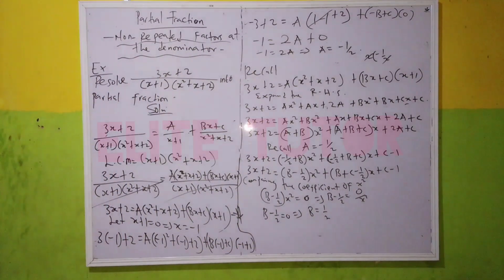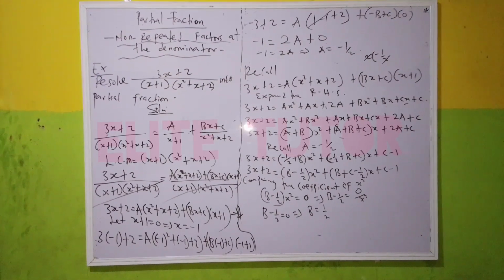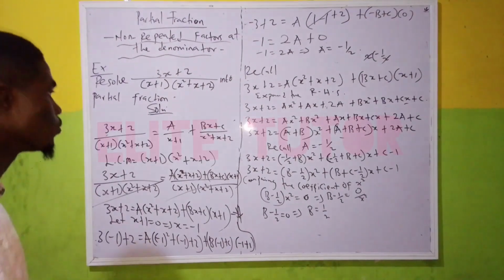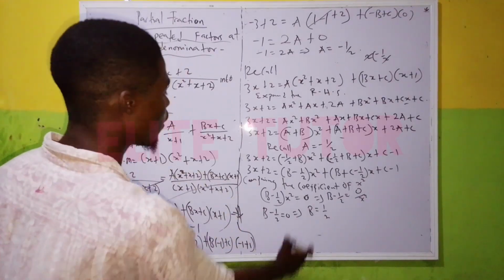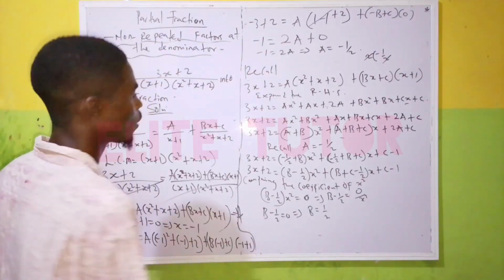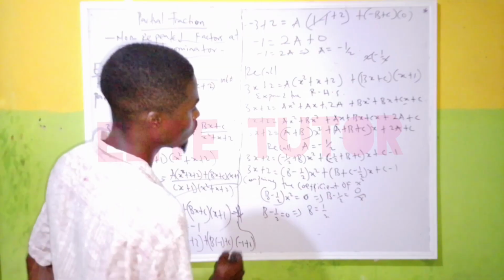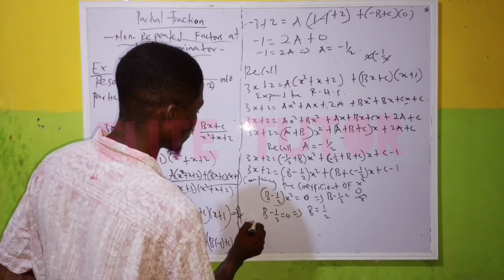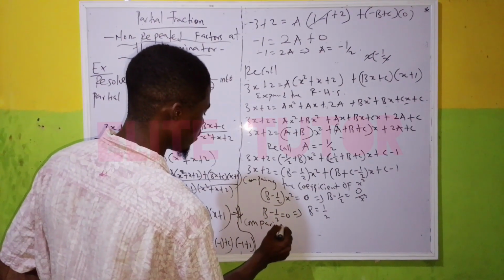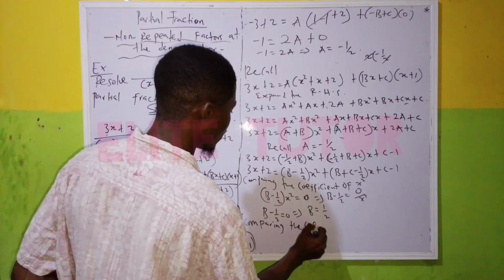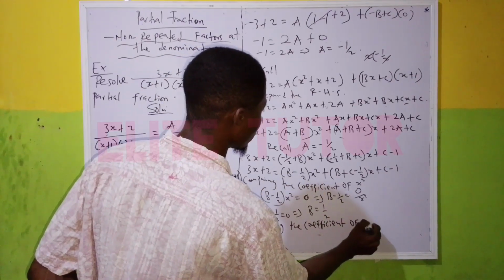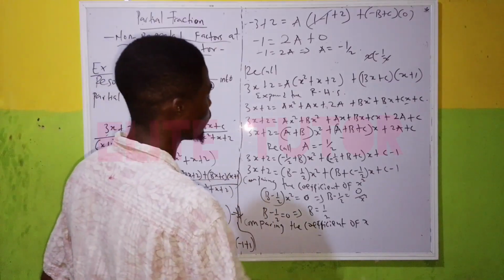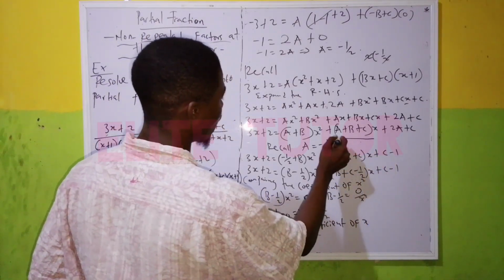Alright, let's see what we have here. So we've got b equals half. Now that I've gotten b equals half, we can now compare what? Comparing the coefficient of x. What's the coefficient of x here? This one is having x.